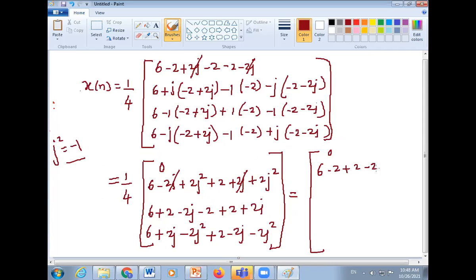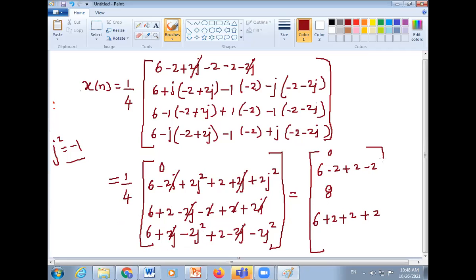Sorry, minus 2 again it is. Okay, and then again this plus 2j and this minus 2j get cancelled, or this plus 2 minus 2 get cancelled, so it will be 8. And then again this plus 2j and this minus 2j get cancelled, and this is again a 6. With j square as minus, here plus 2 will come, then plus 2 is already there and this is plus 2.